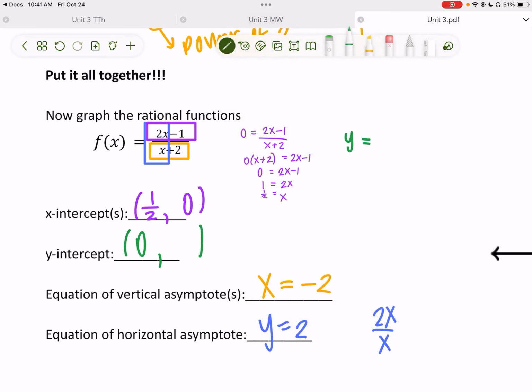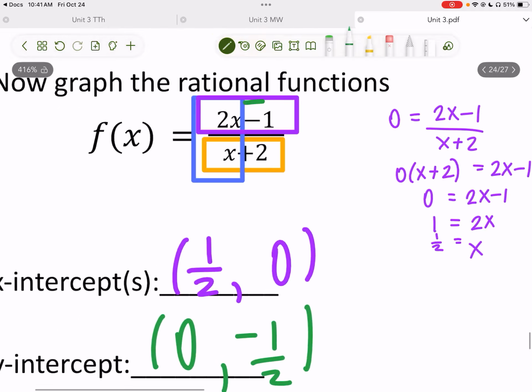So we have y equals 2 times 0 minus 1 over 0 plus 2. So we're going to be left with negative a half. Another way to think about this is you're really just looking at the constants at the end, right? They're right there. They're in front of you. It's negative 1/2. Similar to polynomials, similar to quadratics. It's always the constant at the end. In this case, it's a fraction, and that's okay.